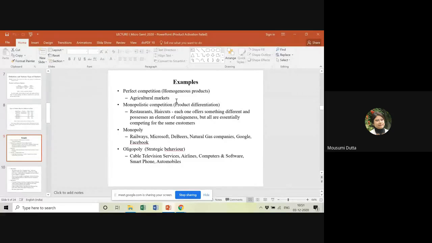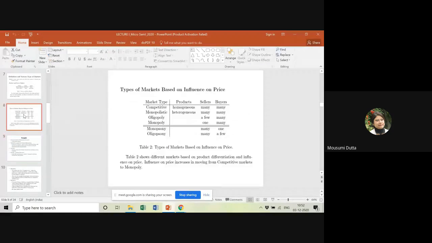So you cannot bring a bill like this. If this bill is really implemented, we will not be able to consider the agricultural market as a competitive market because there is government intervention. Still, in terms of homogeneity of the product, we may consider it a competitive market.